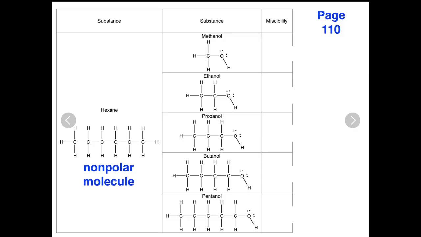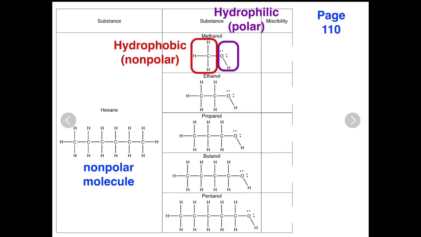In this case, as we determined for the methanol molecule earlier, it contains both a hydrophobic and a hydrophilic part. So the polarity would have a stronger effect than the nonpolar part. Therefore, you are going to observe that methanol is going to be immiscible in hexane, which means that they are not going to be able to mix.